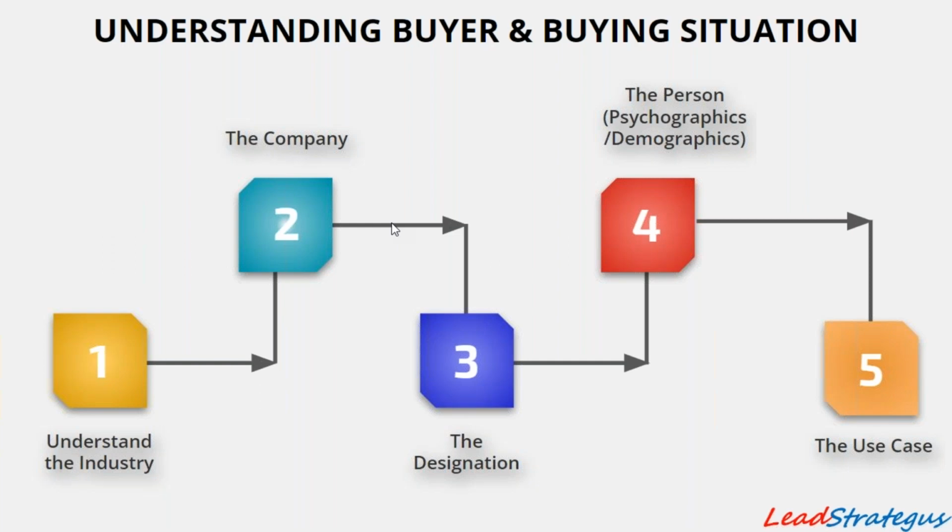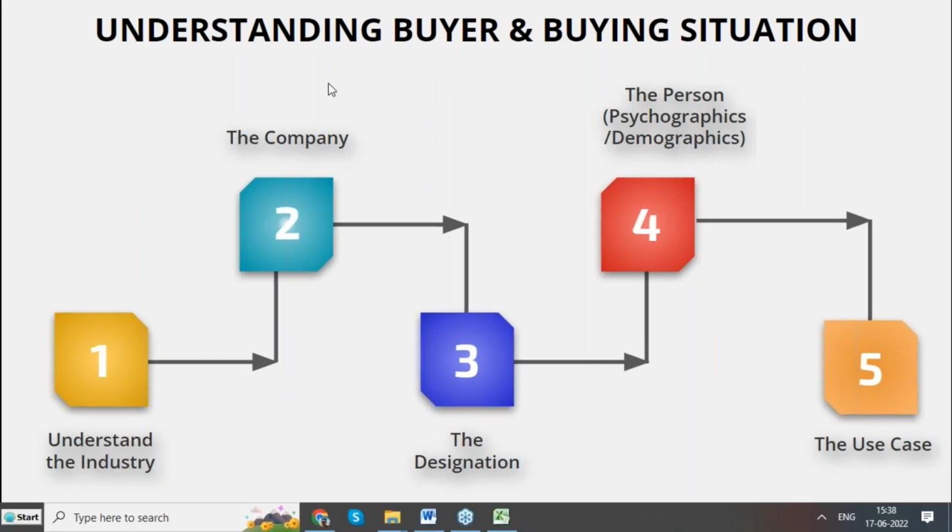But unless you write it down, your thoughts are not clear. So you need to write down, not just read, the industry, what is unique about them. Then you need to understand the company, what is unique about them. Then the designation, what are the pain points or what is exciting for this designation. And then the persona behind them, the profile of the person you're talking with.